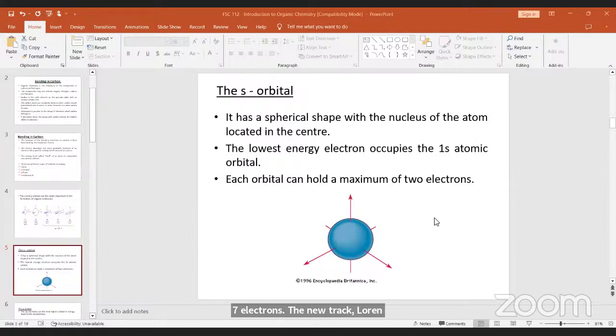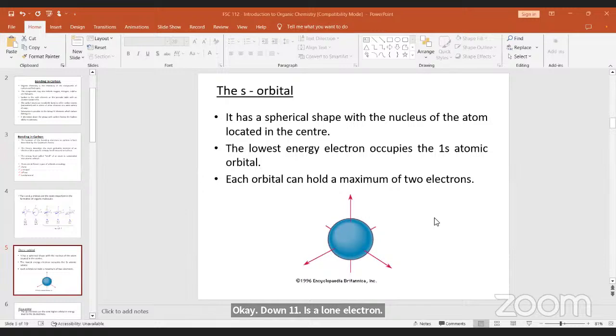If you arrange it, you have 3 pairs of electrons: 2, 2, 2, we pair up. Then you have one that is unpaired.